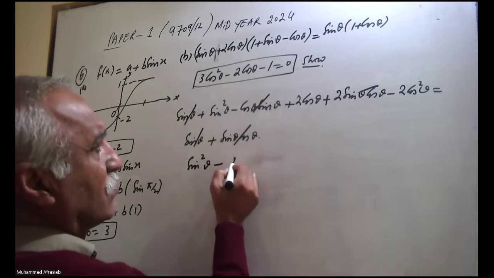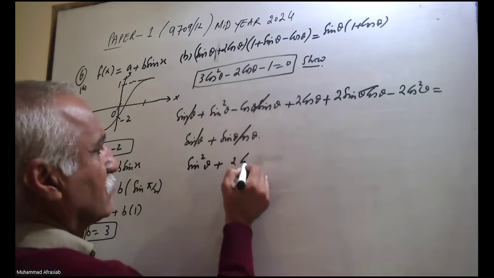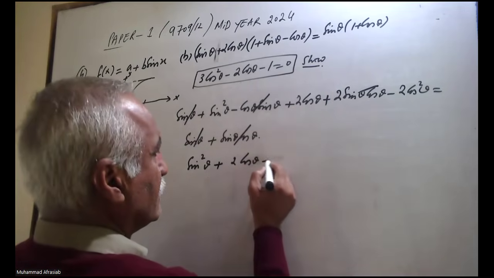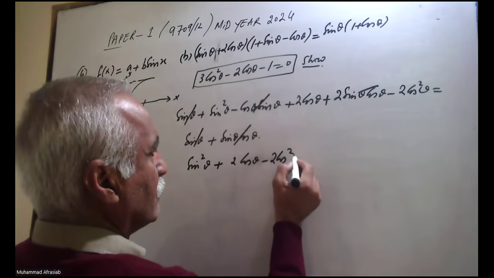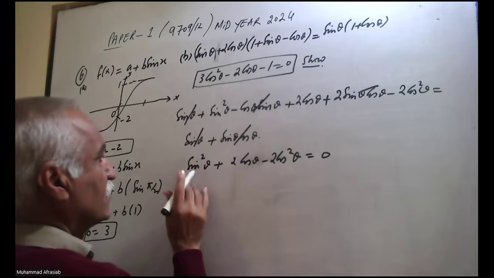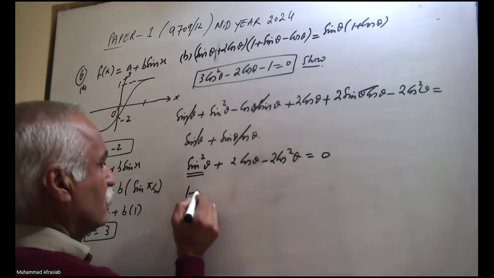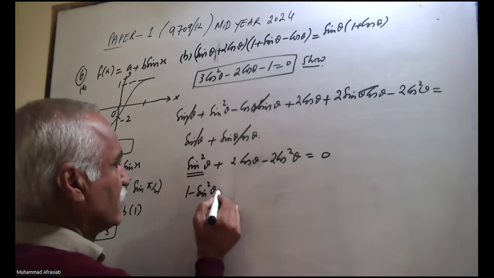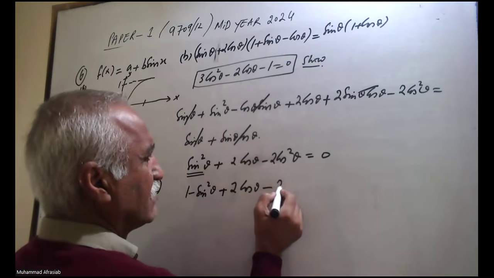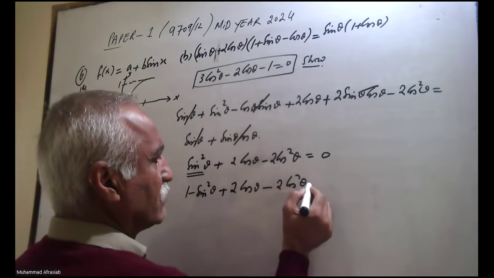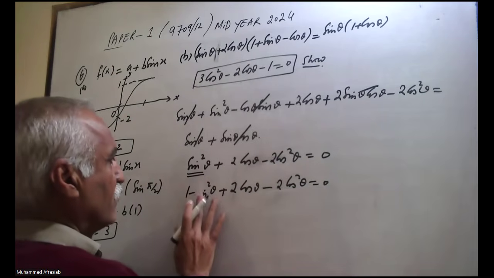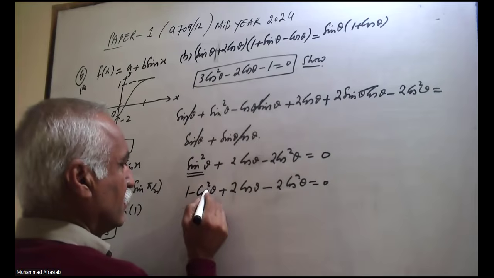plus 2 cos theta minus 2 cos square theta equal to 0. But sine square theta itself is equal to 1 minus cos square theta.